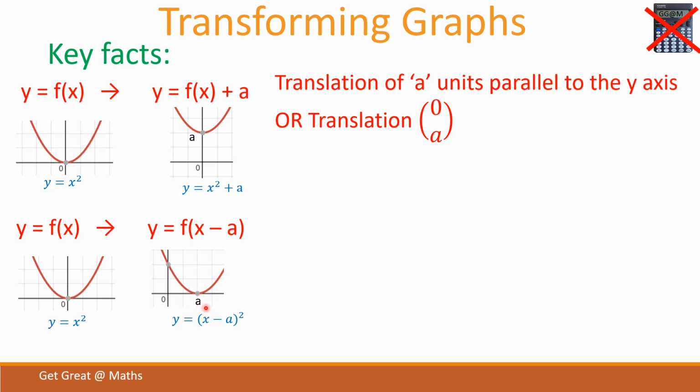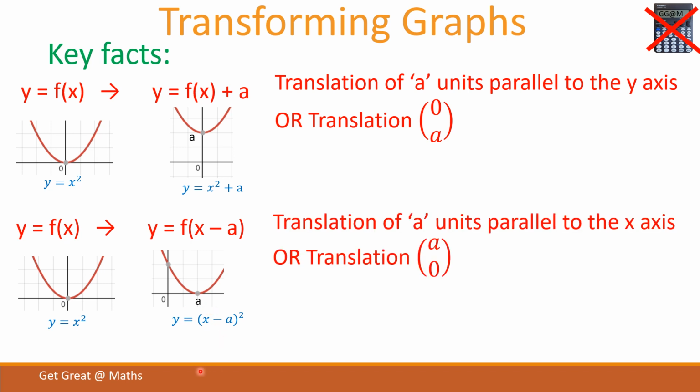So this is why it is shifted to the right this time. My translation is a units parallel to the x-axis, or a translation of (a, 0). So this moves in the x-axis. These are our first two facts. Write them down, make sure you highlight them, and you make sure you know those exact facts for the exam.